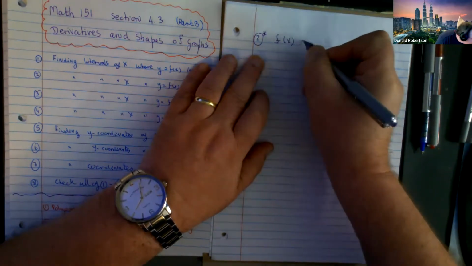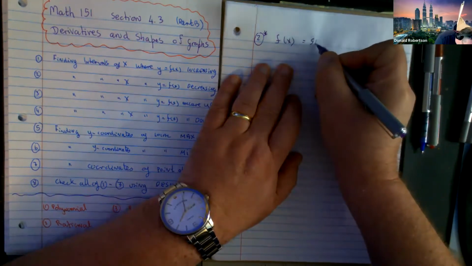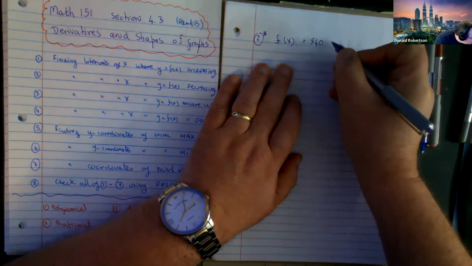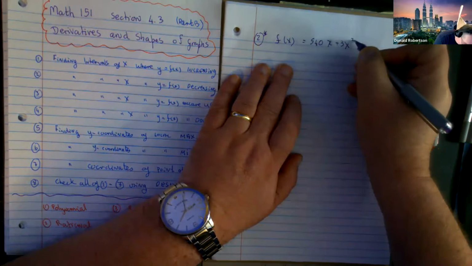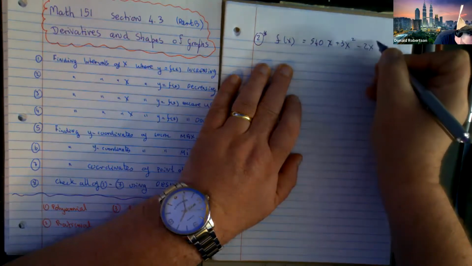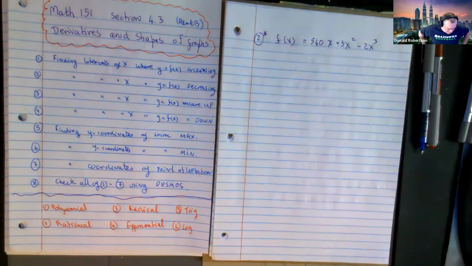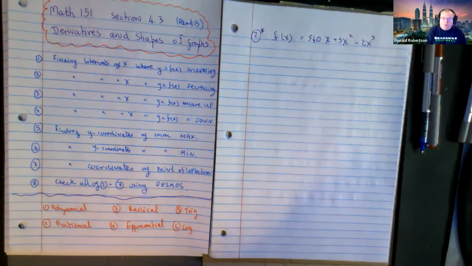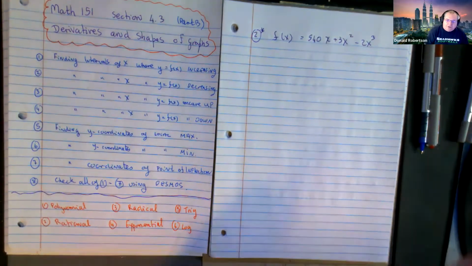It's going to be 540x plus 3x squared, take away 2x cubed. And this one, we're going to go through the whole thing. We're going to do all of these things.